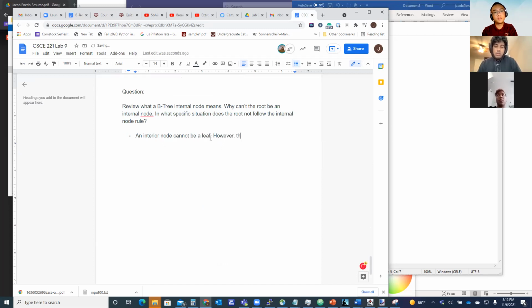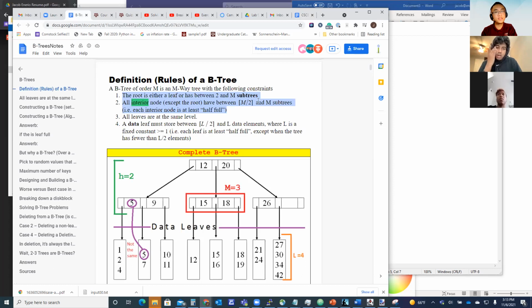However, the root can be a leaf. And then an interior node must have between floor, or I think this was ceiling, right? m/2, yeah, ceiling.